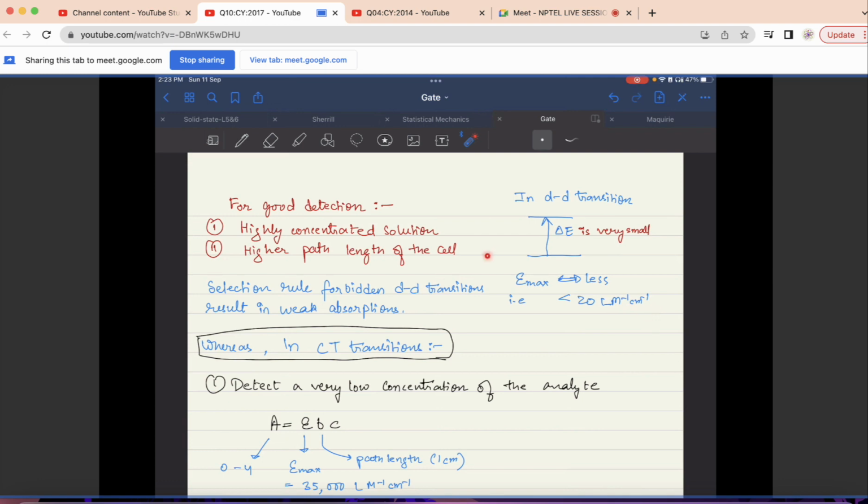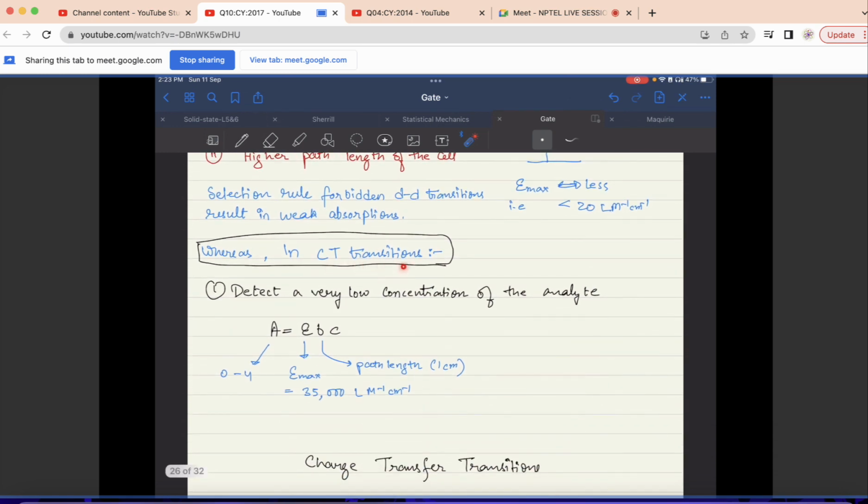So for good detection, I should actually take a very high concentration solution or even a higher path length of the cell. Also, this dd transition shows a very less intense color because of the selection rule forbidden dd transition. This results in a weak absorption.